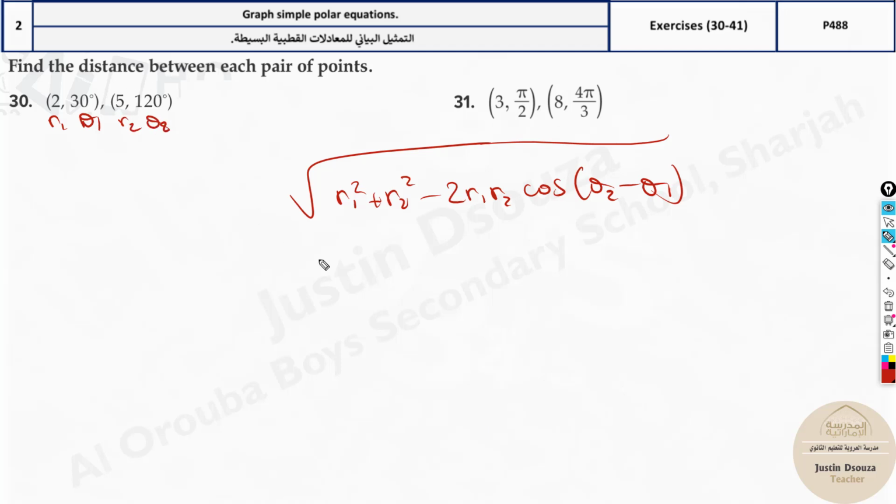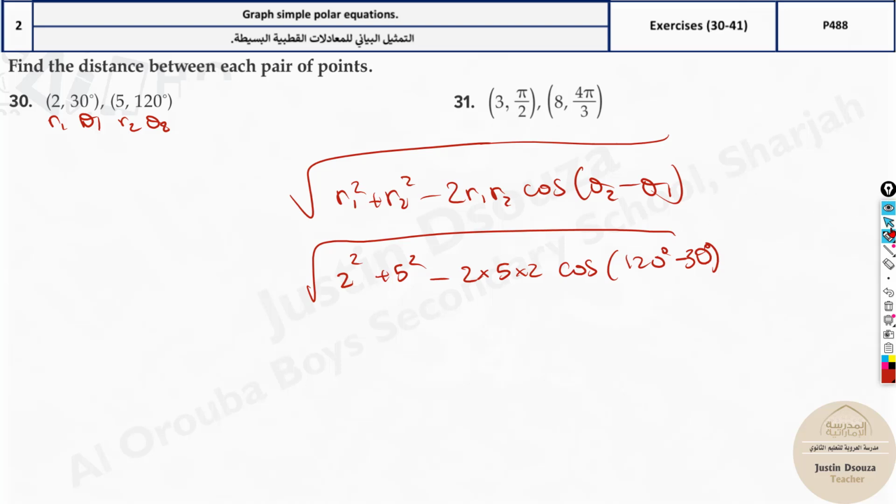You can even interchange the points, you'll get the same answer, so no bother in that. Let's substitute. 2 square plus 5 square minus 2 times 5 times 2, I've just taken it the other way, you're multiplying, it's fine, times cos of 120 degrees minus 30 degrees, and put this inside the square root.